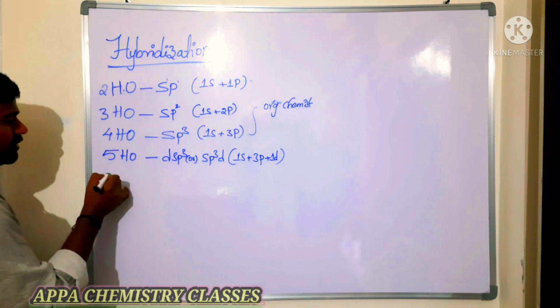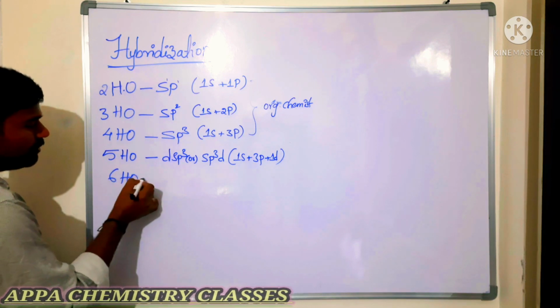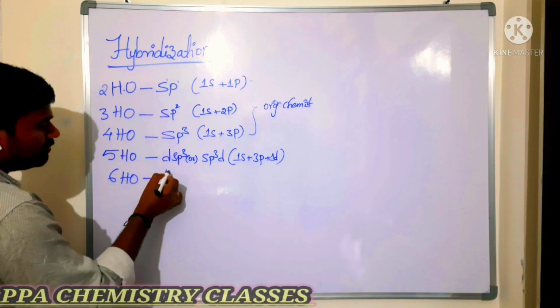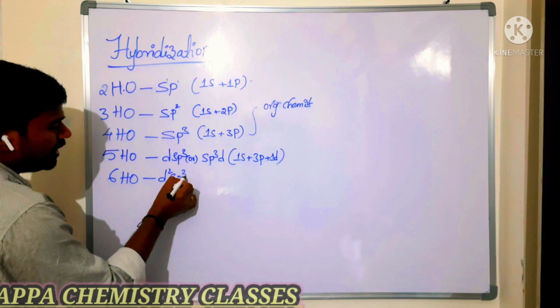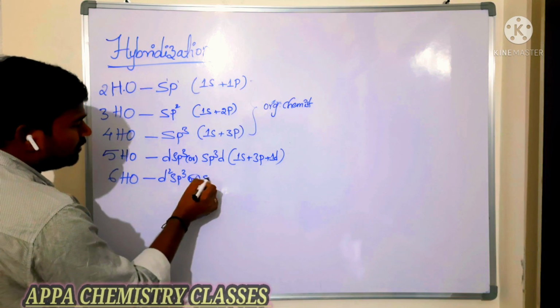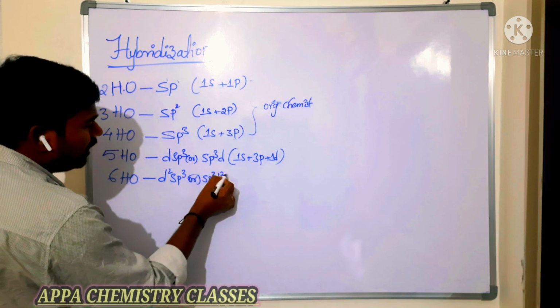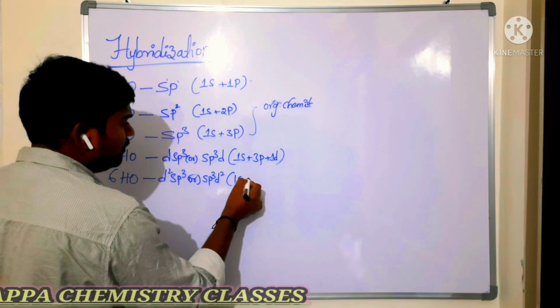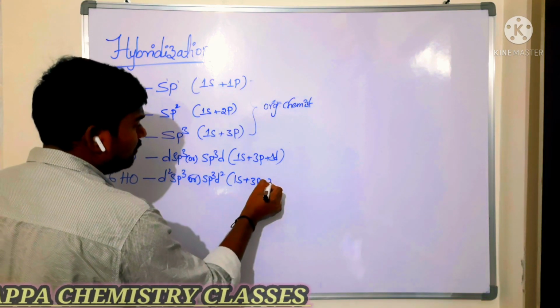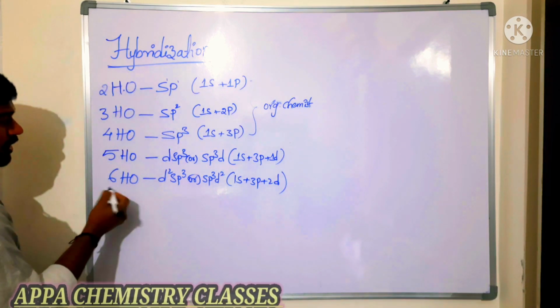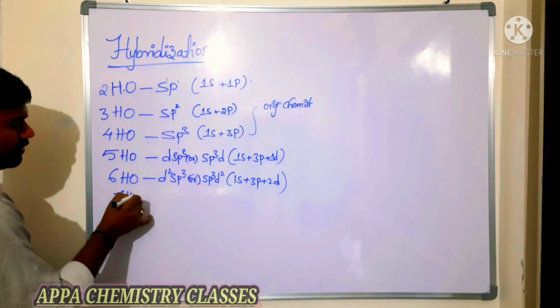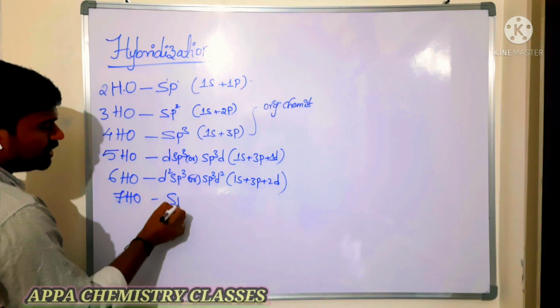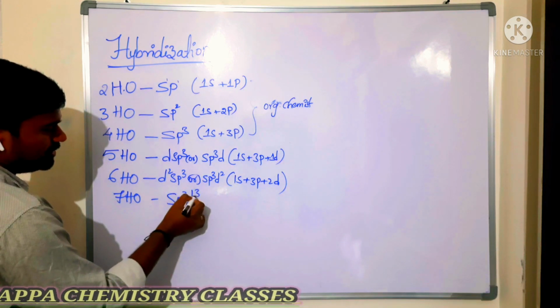If we have 6 hybrid orbitals, it may be d2sp3 or sp3d2 hybridization, with 1 s orbital, 3 p orbitals and 2 d orbitals. And if we talk about 7 hybrid orbitals, it is sp3d3 hybridization.